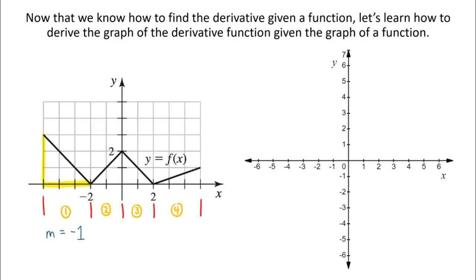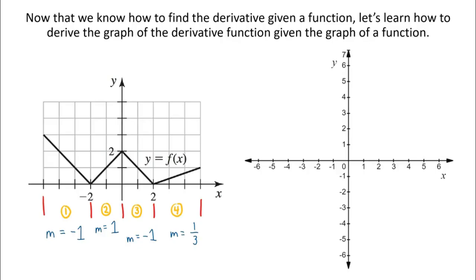Now let's do the same thing for our second section. This section of graph has a positive slope of 2 over 2, which is +1. Doing the same thing for section 3 and section 4 of the graph gives us a slope of -1 in section 3 and a slope of 1/3 in section 4.